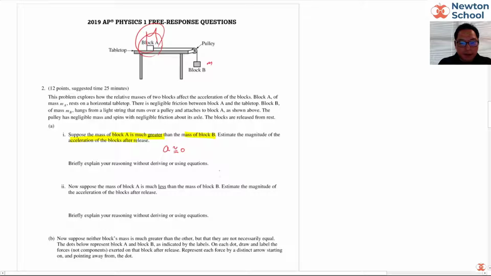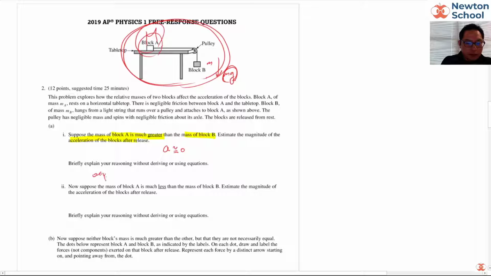What's the reasoning? The whole system moves because of this small m_B g, and this small m_B g will drive the acceleration of the system. So the only force will be small m_B g.